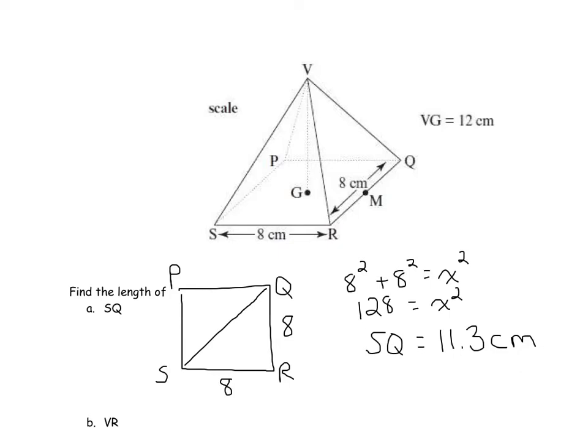Now, the next one is VR. So let's see if we can figure that one out. VR is that side right there. Well, could we make a little triangle, V to G, and then G to R? Now, if V to G is the height, that would meet at a right angle to that base. So you would get a right triangle.